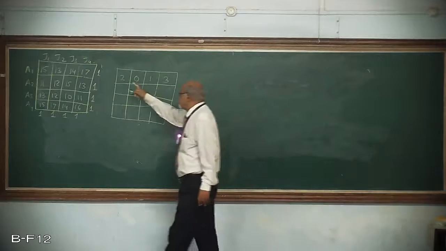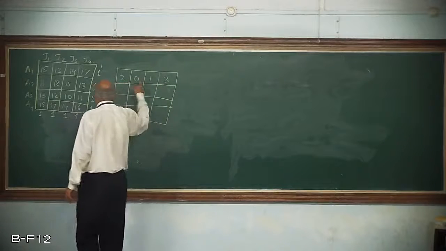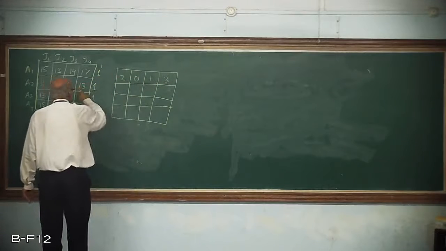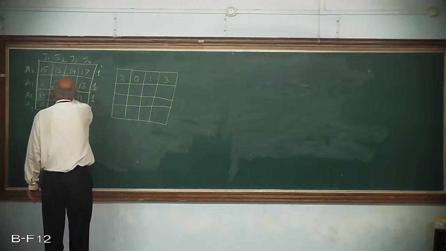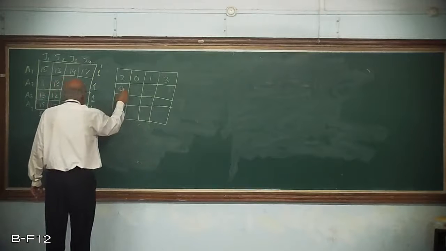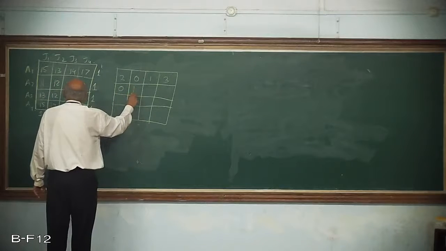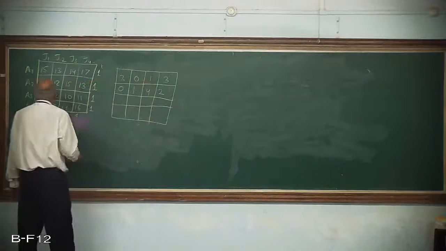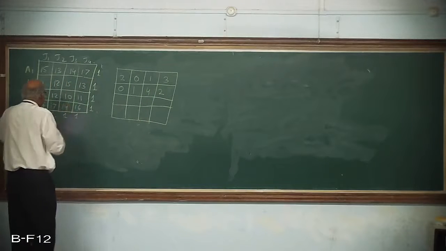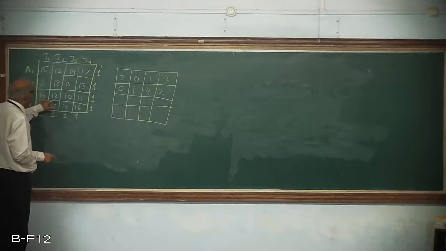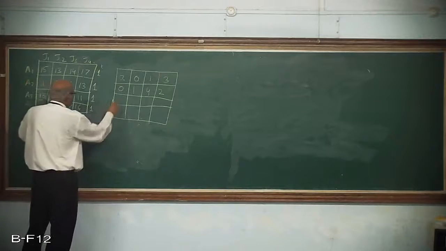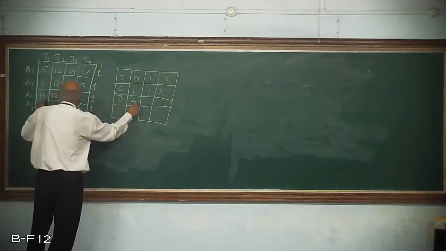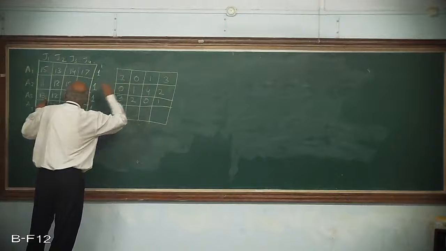Now, in the first row I have created one 0. Second row I will take up, where the minimum value is 11. This gives 0, 1, 4, 2. Next I will take up the third row. Here what is the minimum value? The minimum value is 10. So this is 3, this is 2, this is 0, this is 1.